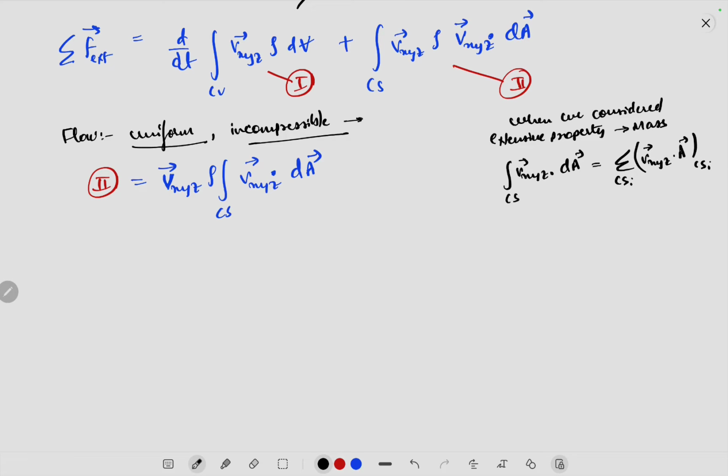I hope you remember this. So then I can just replace this term with this term.